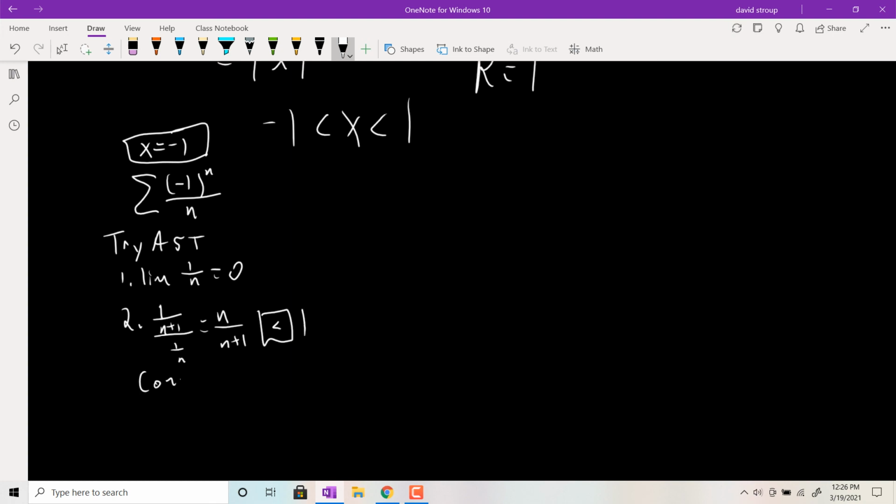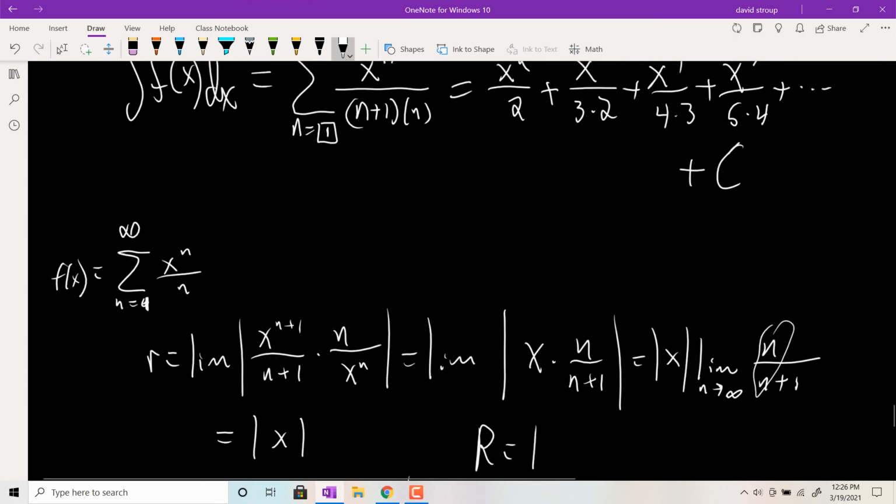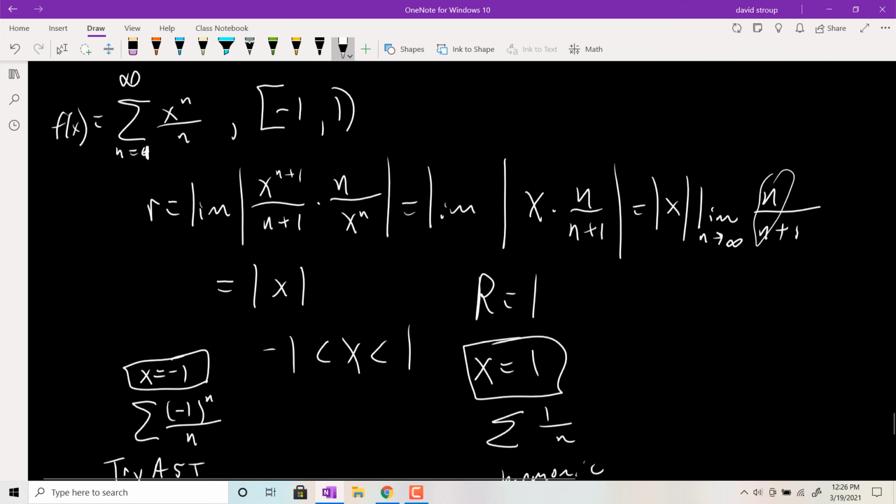So it's convergent. And then try x is 1. That'll be the harmonic series, which is divergent. Okay, so the interval of convergence for f of x includes negative 1, but not positive 1.